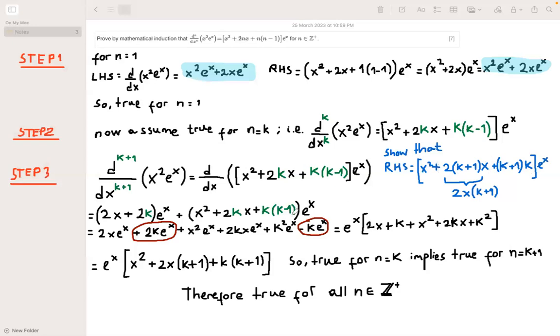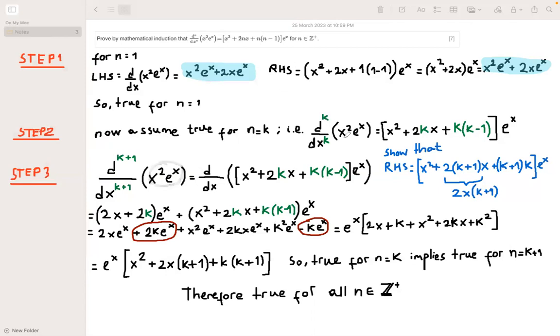Let's try to find the expression for the left side. I'm going to start with the left side and try to show that it is the same as the right side. The tricky part is this. The derivative of order k plus 1 is the same as d/dx of the derivative of x squared e^x.